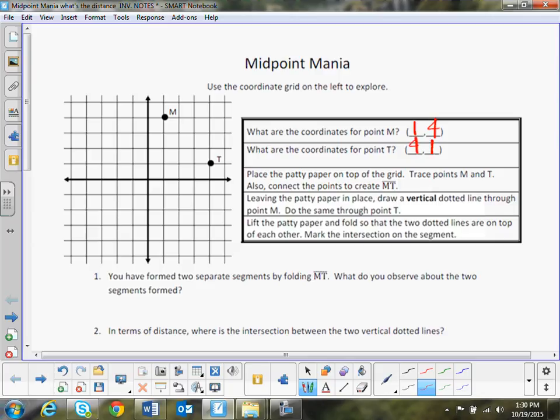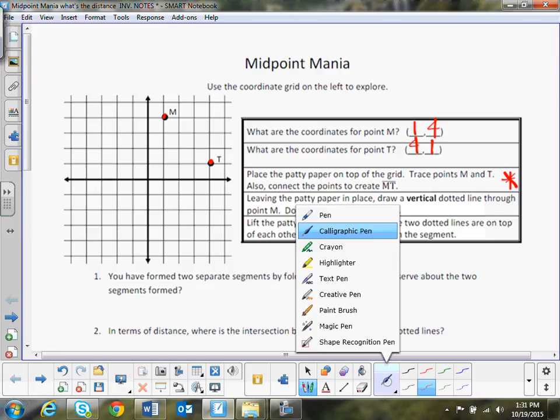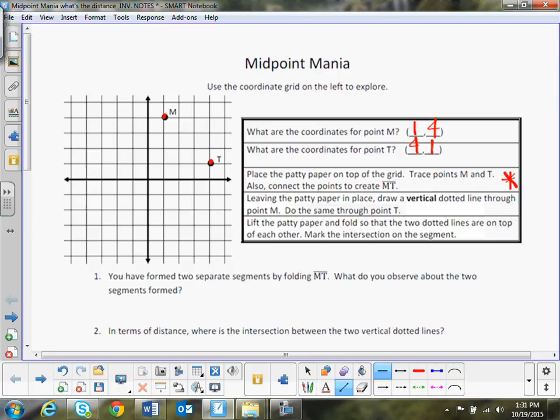Okay, now place the patty paper. I'm reading this box here. Place the patty paper on top of this grid, and then trace points M and T, and also connect them. So just place the paper on top, then do the dots, and then connect them.